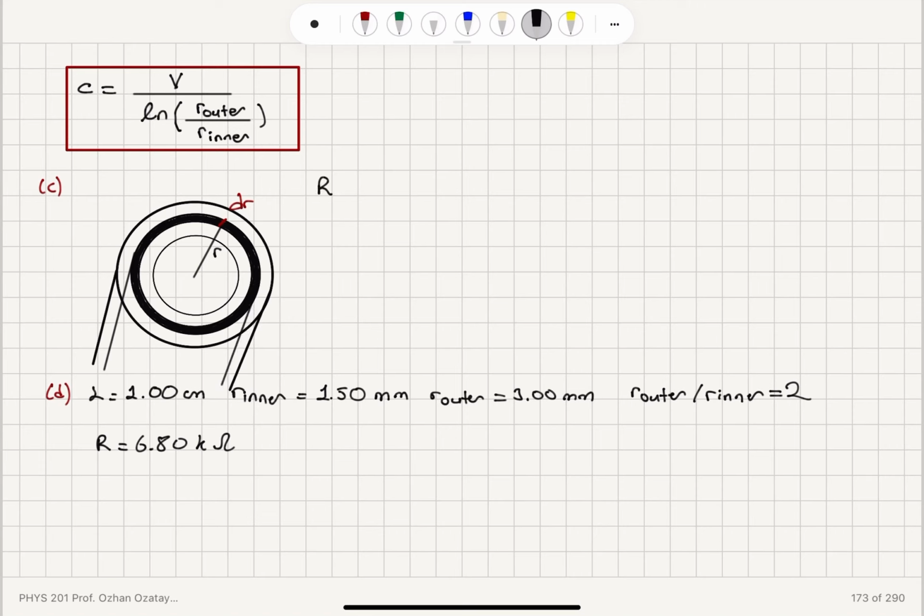The resistance of the total geometry will be the integral of dR, where dR is the resistance of this cylindrical shell, which is the resistivity rho times the length in the direction of the current, dr, divided by the perpendicular area the current sees.